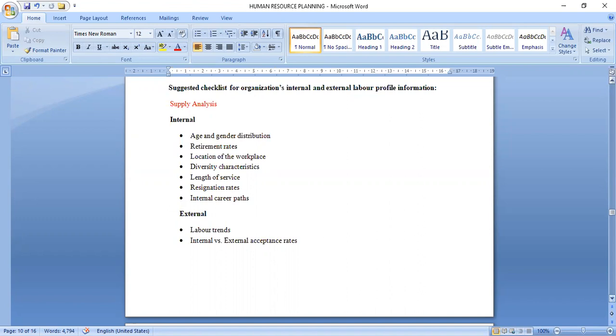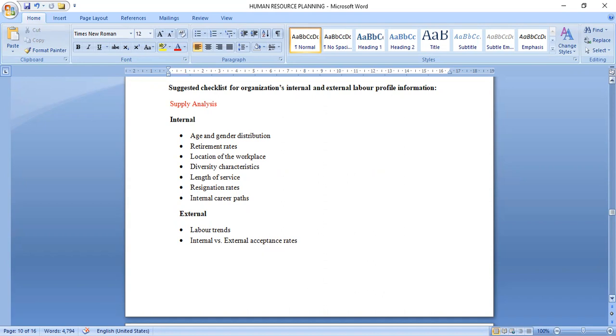And then the supply analysis, you're basically looking at, much as the organization may require to recruit and bring in new employees with the relevant expertise, where are these employees going to come from? What are the sources? What is the labor market like? Will you be able to get these employees with these relevant skills? What is the labor market like? The supply of labor.